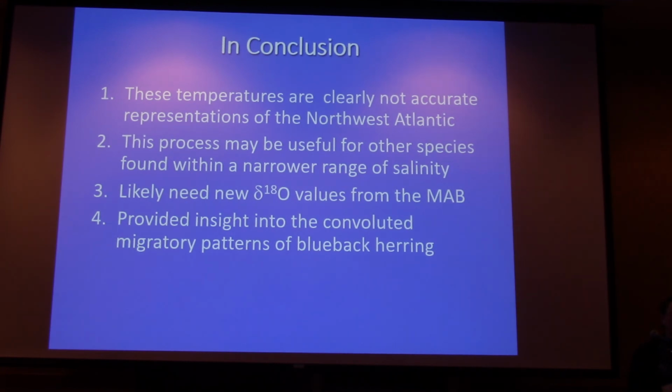And it's entirely likely that it's shifted enough, when you're working with such small fractions, that a small shift in the oxygen isotope ratios is enough to make completely ridiculous temperature numbers. At the end, I do feel like we got a little bit of insight into the incredibly convoluted world of blueback herring migration, but maybe not quite what we'd hoped.